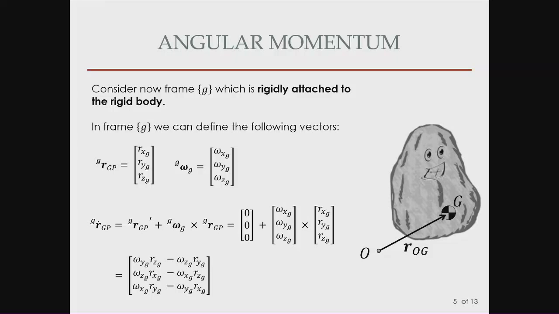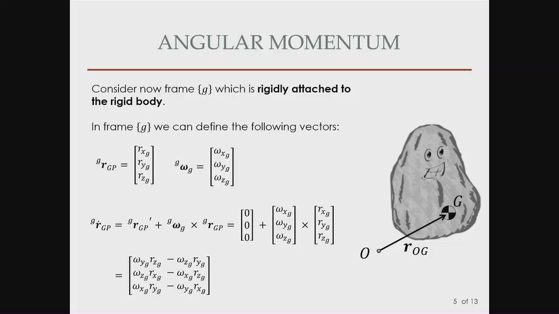Then you need to substitute this to here, this to here for this cross product. Doing this cross product gives you this. This is RGP dot. Now what is this? This vector RGP appears constant from an observer sitting on this green frame.